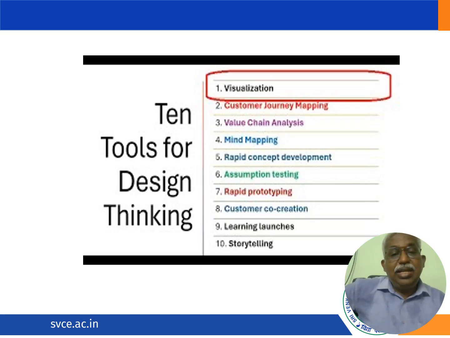Then value chain analysis, mind mapping, rapid concept development, assumption testing. These are giving suitable value. So visualization starts and ends with storytelling. Storytelling is an important tool for how we capture a user-centric problem.